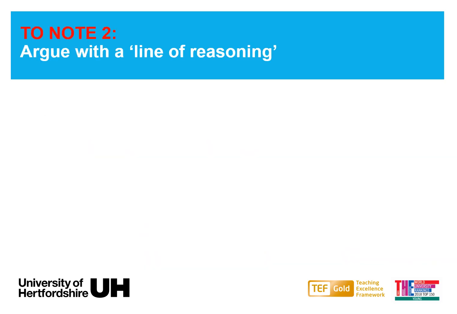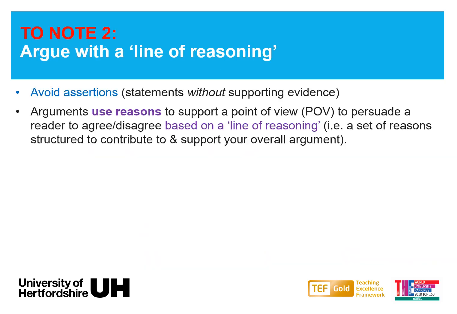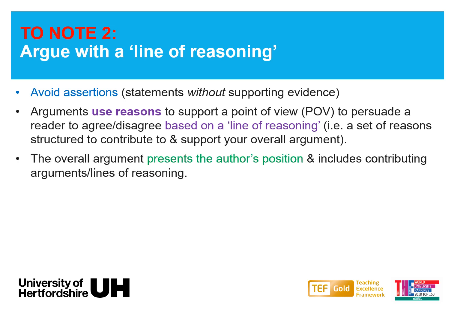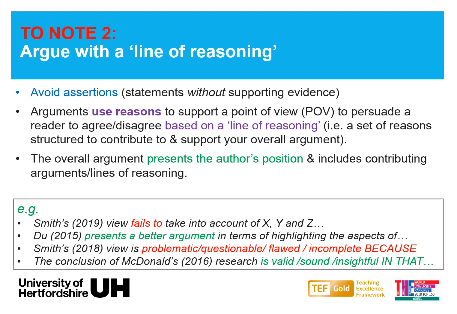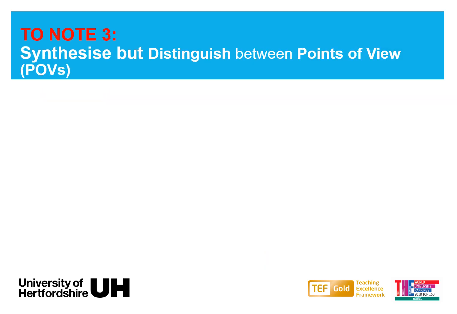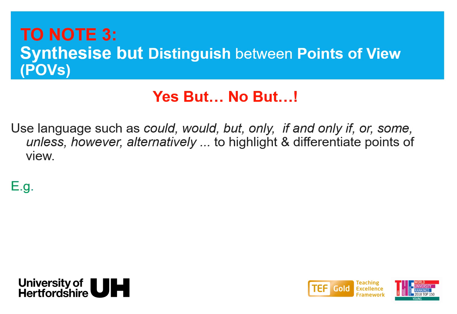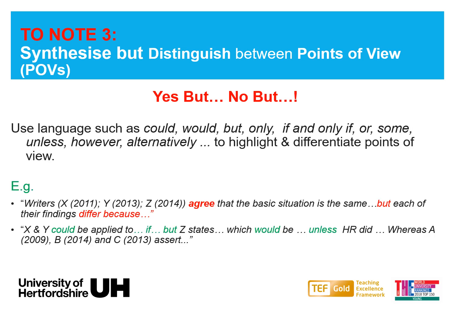Secondly, you must avoid being very assertive and always support your argument with a line of reasoning. You never just state the point for the sake of it, but you always support yourself. Also, when you're synthesizing different views from different scholars and researchers, you may need to notice or distinguish between the different views of them as well.